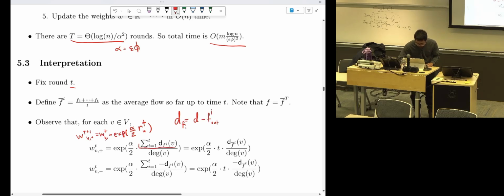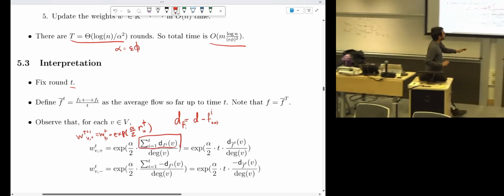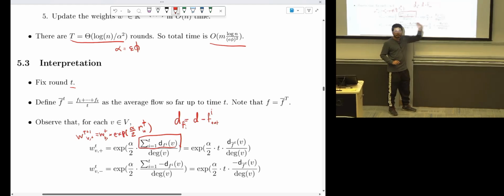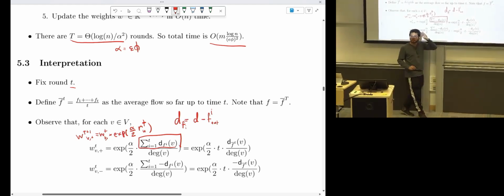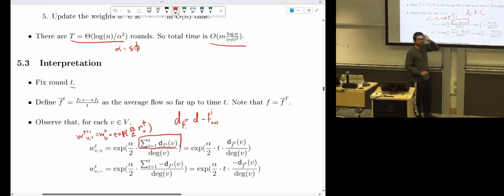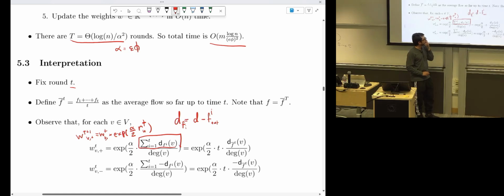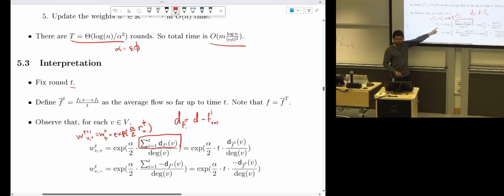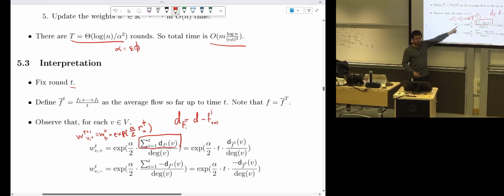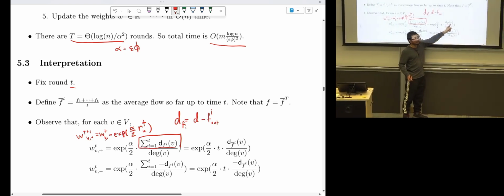So this sum you can write like this. Okay. Just some calculation, doesn't matter, you can verify this. But the point is that the weight of each node is just some exponential function that depends on this thing.